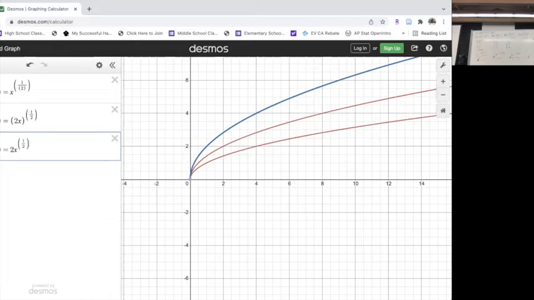So original graph would have been like this, right? That would have been a regular square root of x. Instead, this minus 2 inside the root is going to move it to the positive 2 steps, and this 5 is going to be 1, 2, 3, 4, 5.